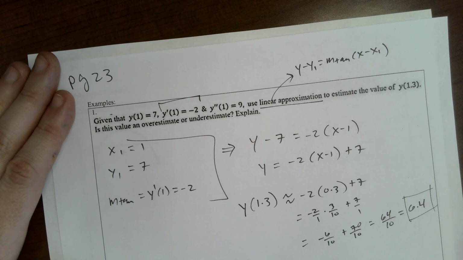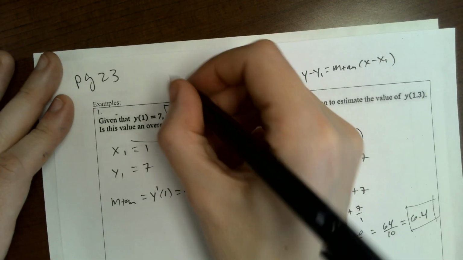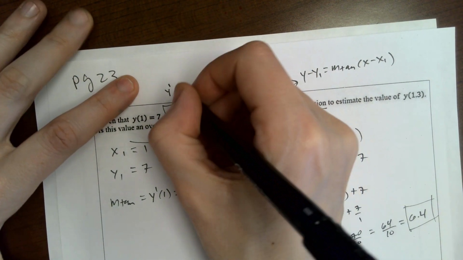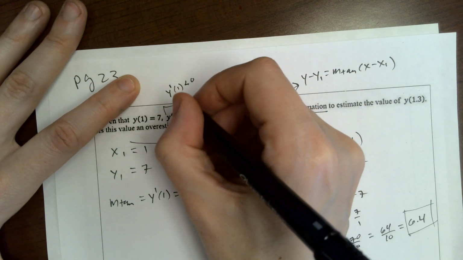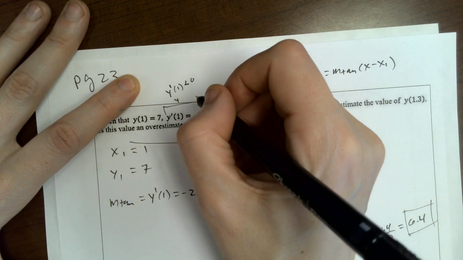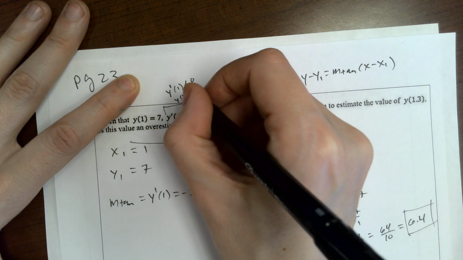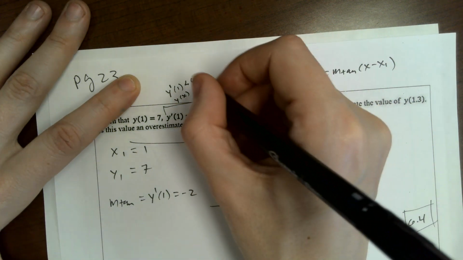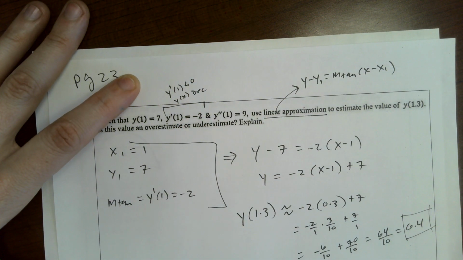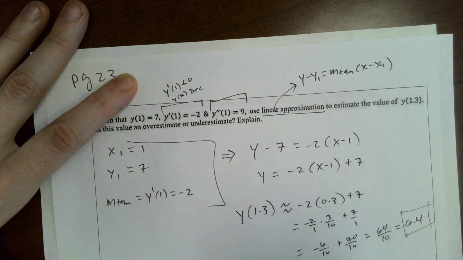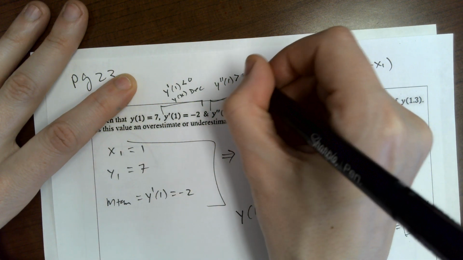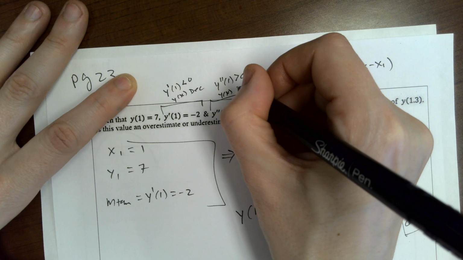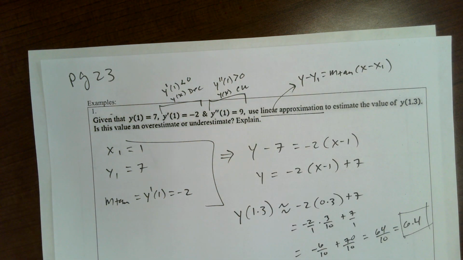This fact that y prime of 1 is a negative number tells us that y of x, the original function, is decreasing. Now this here is the concavity. That's what's going to tell us the over or underestimate. So here we have y double prime of 1 is 9. That's a positive number, so y of x is concave up.